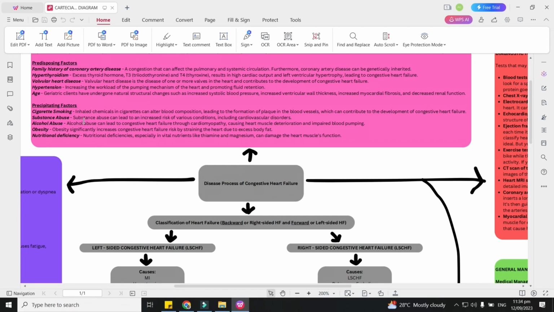So specifically in alcohol abuse and obesity, there's no shame in being a bigger person, but we're really looking into how healthy the heart can be at a specific weight. So we should also take serious regard of these precipitating factors.